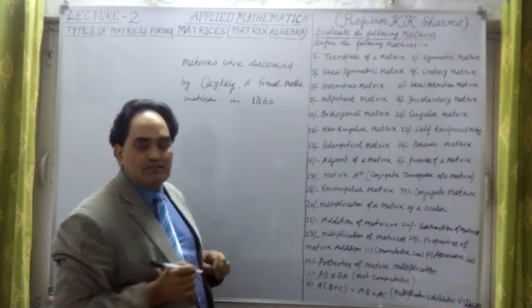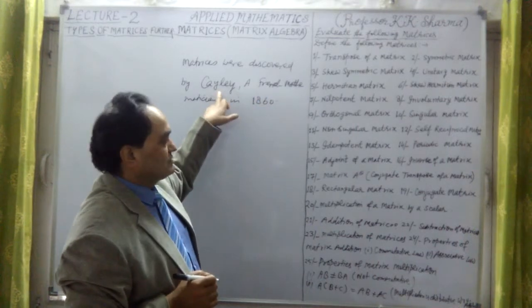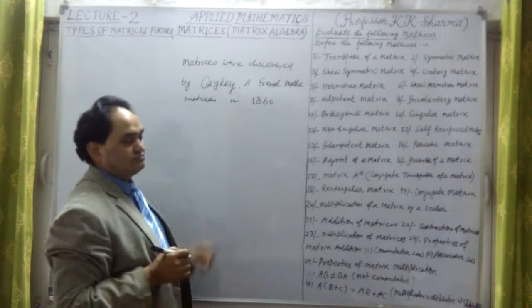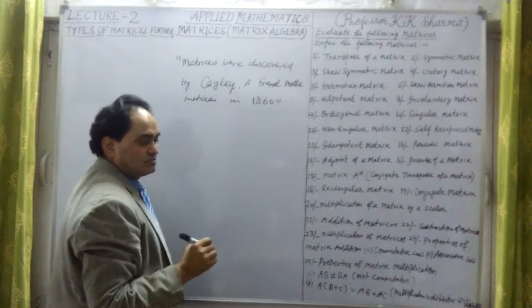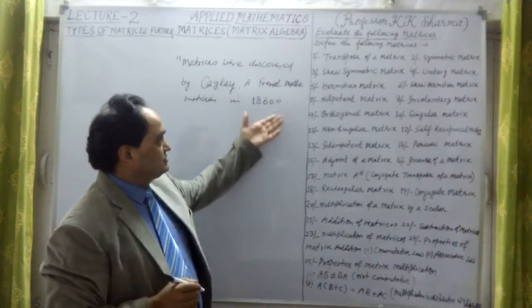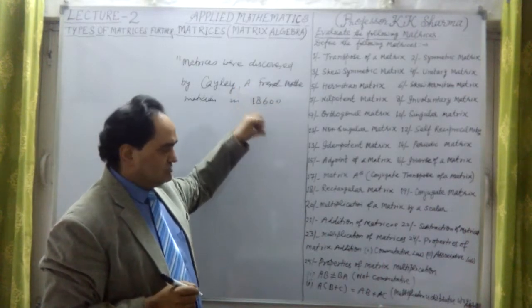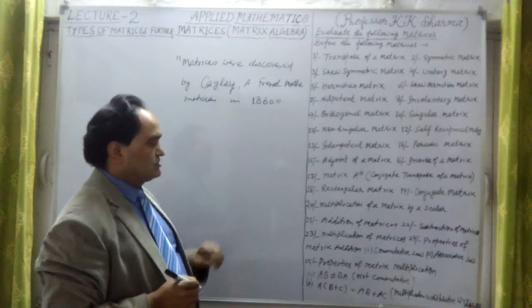It was first discovered by the French mathematician Cayley, C-A-Y-L-E-Y, in 1860. This is a brief introduction; I am not giving his biodata at the moment. He is one of the great mathematicians, and I will talk about him later in the discussion.